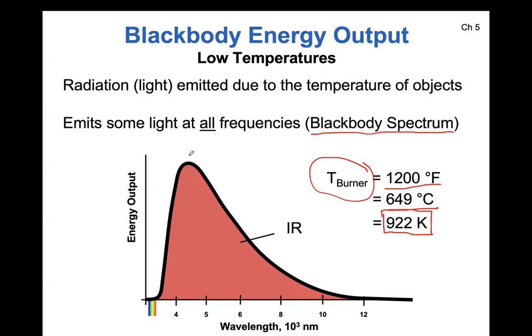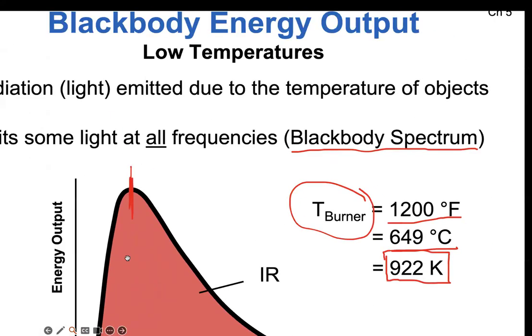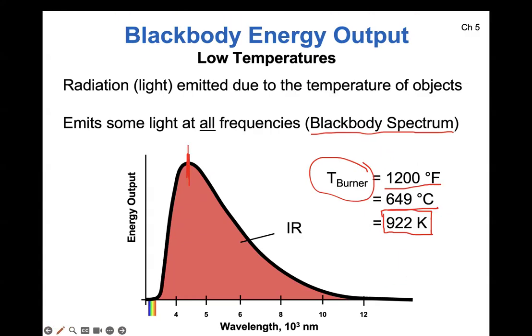So the peak of the curve tells me that the most energy, the peak energy, is being produced right here. Then you look at the peak, and you draw a vertical line down from the peak, and you see where that intercepts the horizontal axis. And that would tell you the peak wavelength.